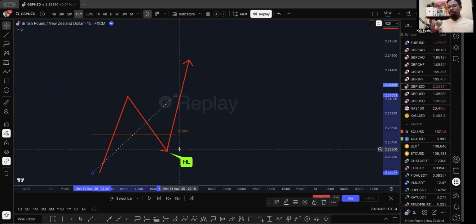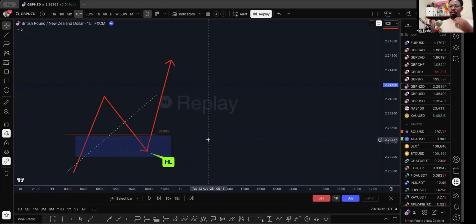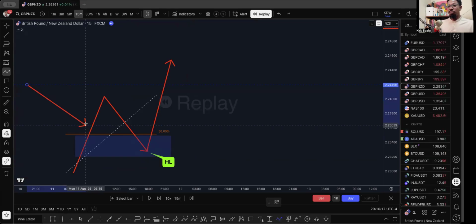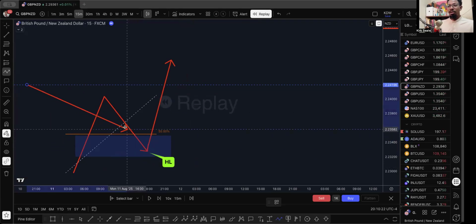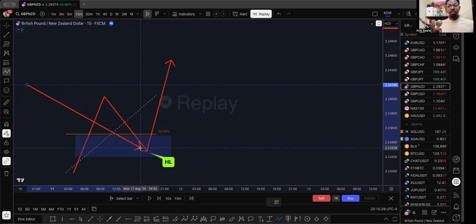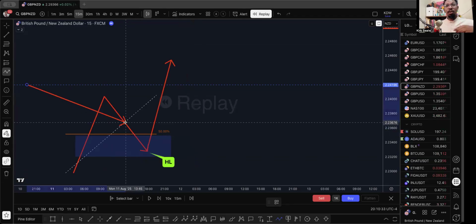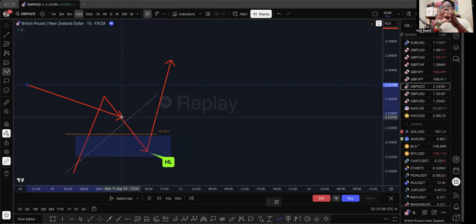Now, while we're looking in that area that is about 50% or more in a discount, we know that in order for this pullback to end, we need to think of this pullback as a downtrend, which means we've got to wait for the downtrend to change its structure and start to become an uptrend.